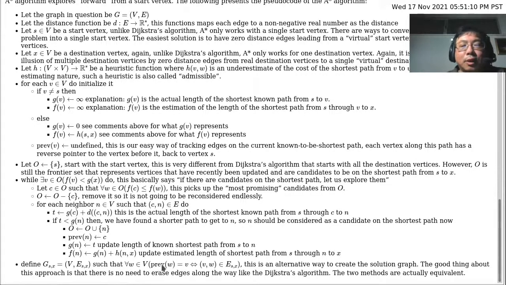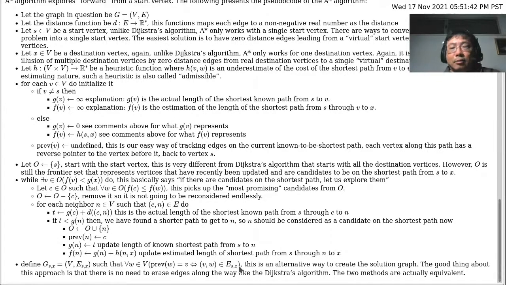I am using all the prevs to construct E of Sx, but you can just start with the destination vertex and go backwards until you get back to the start vertex, because it's going to be one single path from the start vertex to the destination vertex. The other edges are basically useless, but if you follow this logic, those would also be represented in ESX, but they won't be of any use to us.